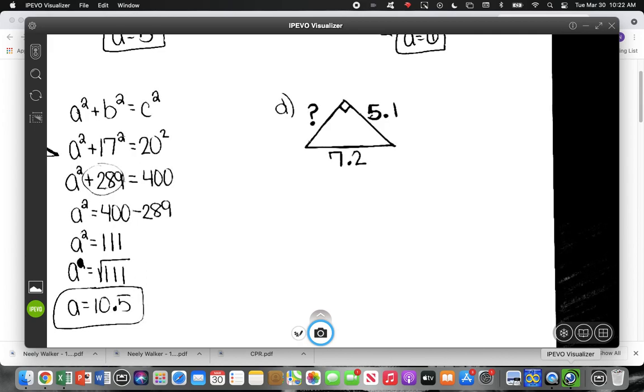I'm okay with you trying it by yourself. Just remember when you're doing the square to use your calculator. Do you want me to hide the screen for you while I work it out? Okay, I'll hide the screen for you, or at least freeze it so you can still see the triangle.